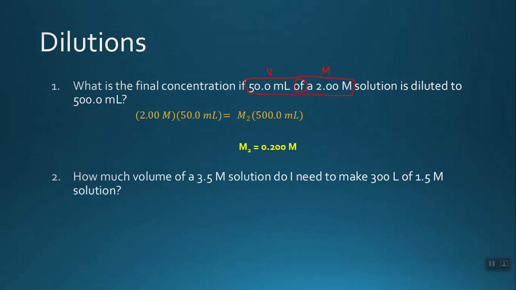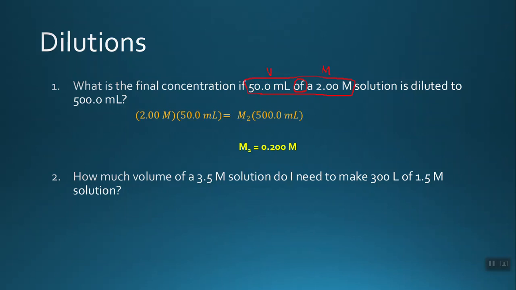Now, after you find your answer, I want you to just pause and think about your answer real quick, because you want to make sure that it makes sense, right? So if you're diluting something, meaning you're adding water to your solution, you are decreasing the concentration, right? And so does your answer make sense?